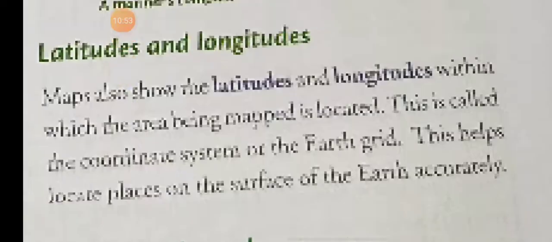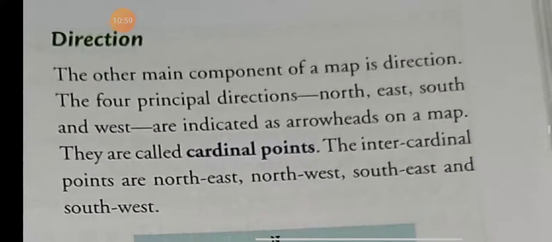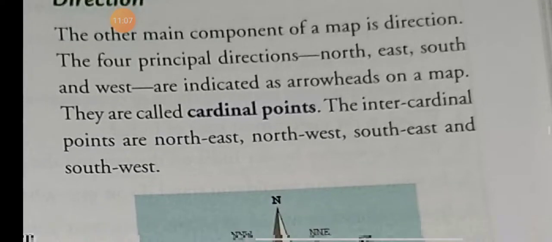Next is direction. The other main component of a map is direction. There are 4 main directions: north, south, east and west. The directions between 2 main directions are called intercardinal directions, but all these main directions are called cardinal points or cardinal directions.